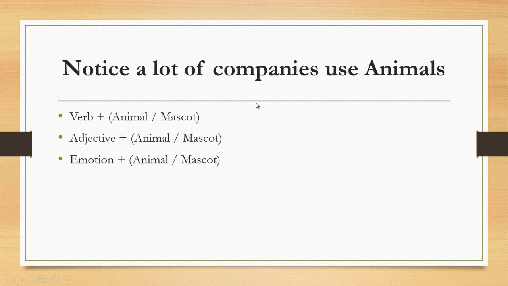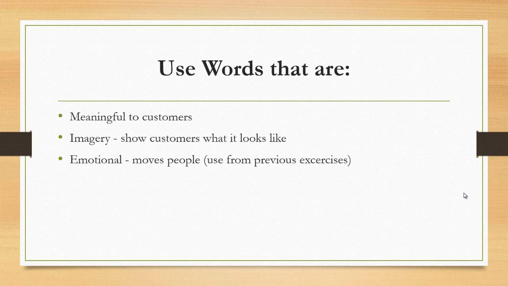So what you could do is add a verb, maybe a verb that fits the emotion or the keyword that you brainstormed earlier, and then add an animal, and see if that is available. And then adjective plus animal or mascot, or emotion plus animal slash mascot. So these are different variations that you can take.